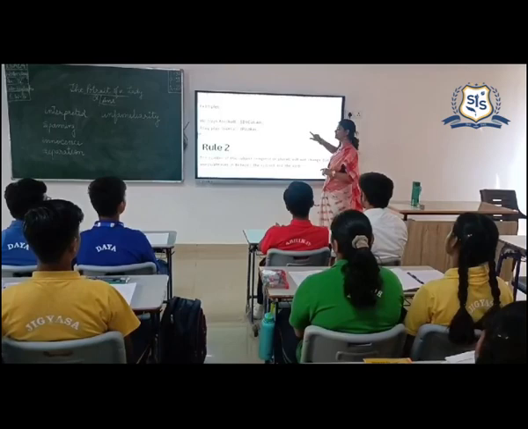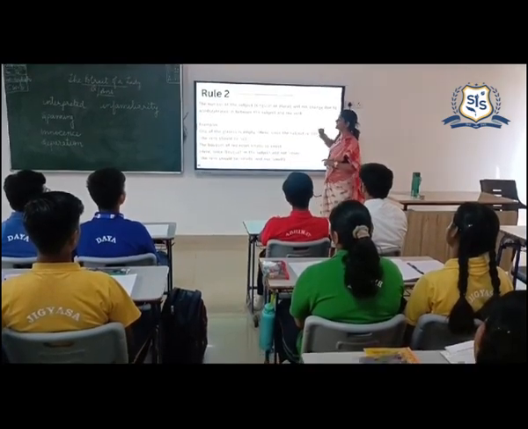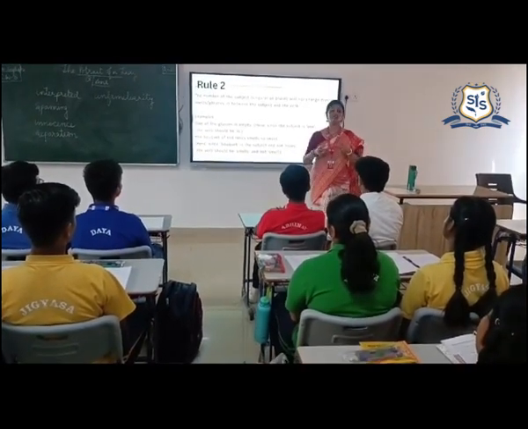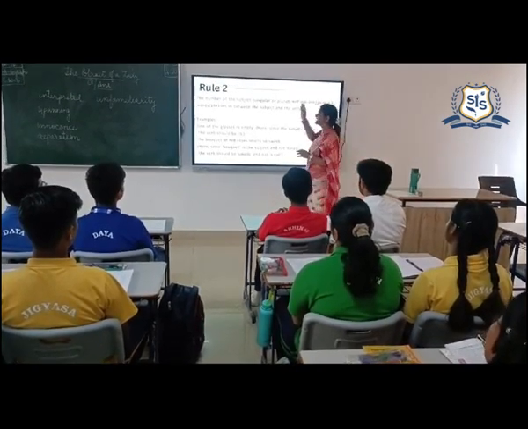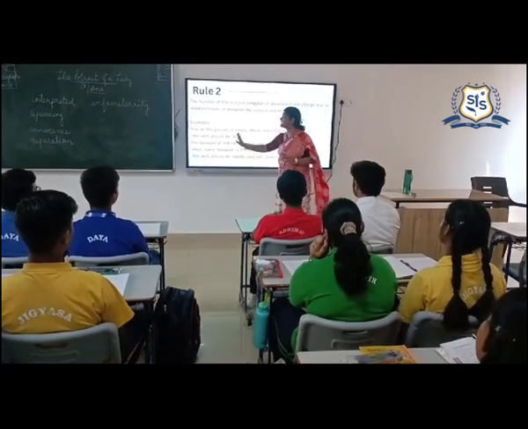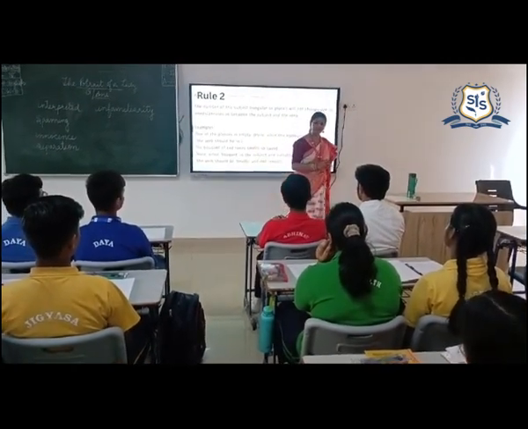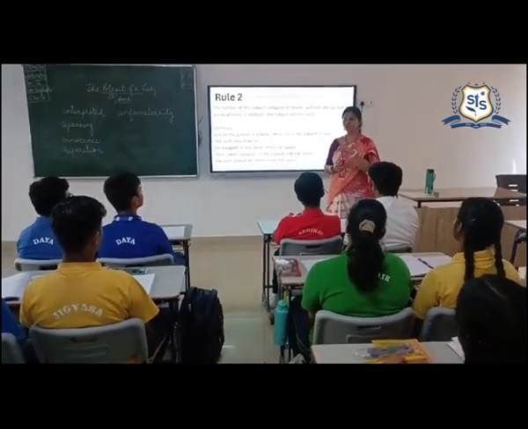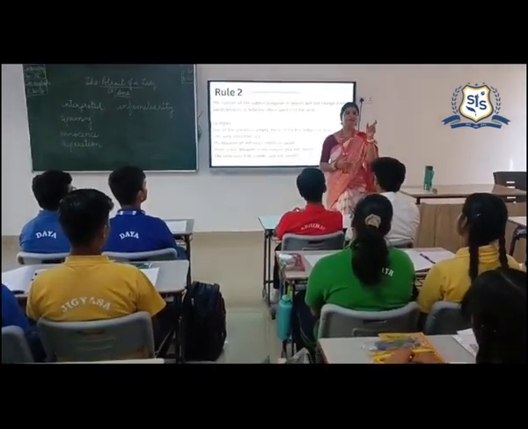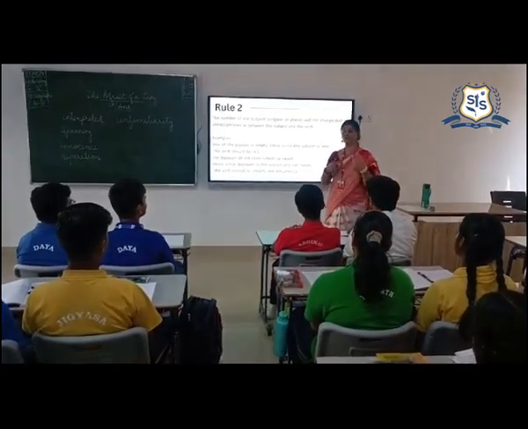Coming to rule number 2. If there are subjects where there are phrases in between, when I say phrases in between, many words in between, we will always focus on what is the target subject. Repeat after me.